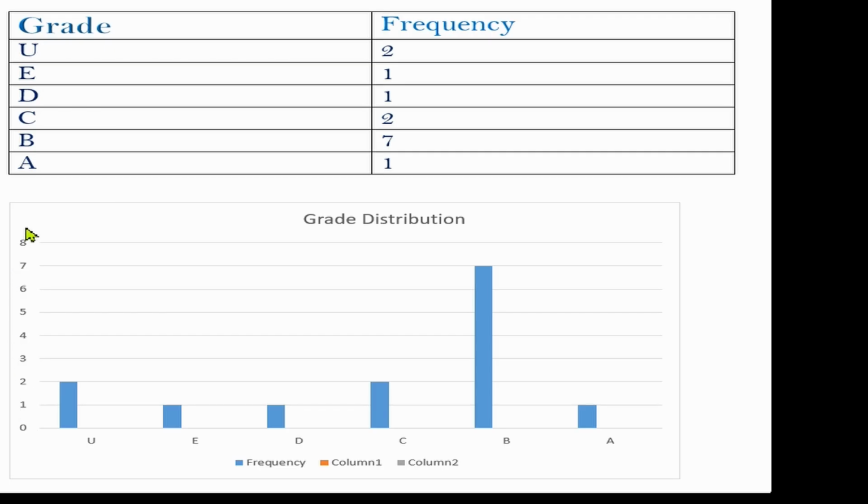So the y-axis resembles the number or the frequency, where the labels here represent the grades U, E, G, C, A, and B. As you can see, the one with the highest frequency is grade B, with 7 people scoring B. And U is 2, E is 1, G 1, C is 2, and then A is 1. So the bar graphs can be visually seen like this. That's how they differ from tables and the tally system.